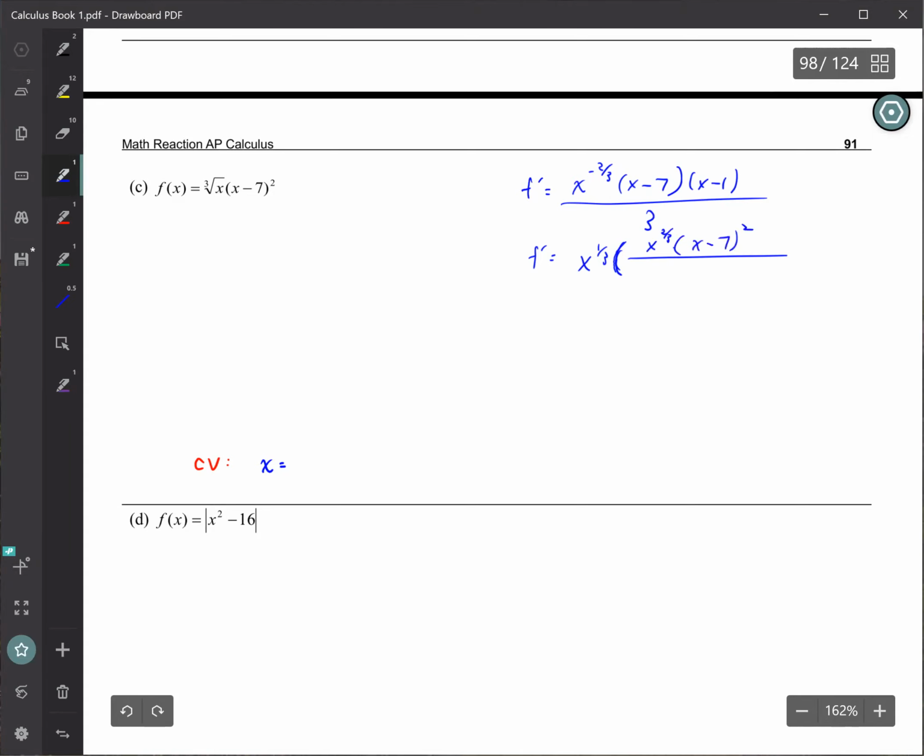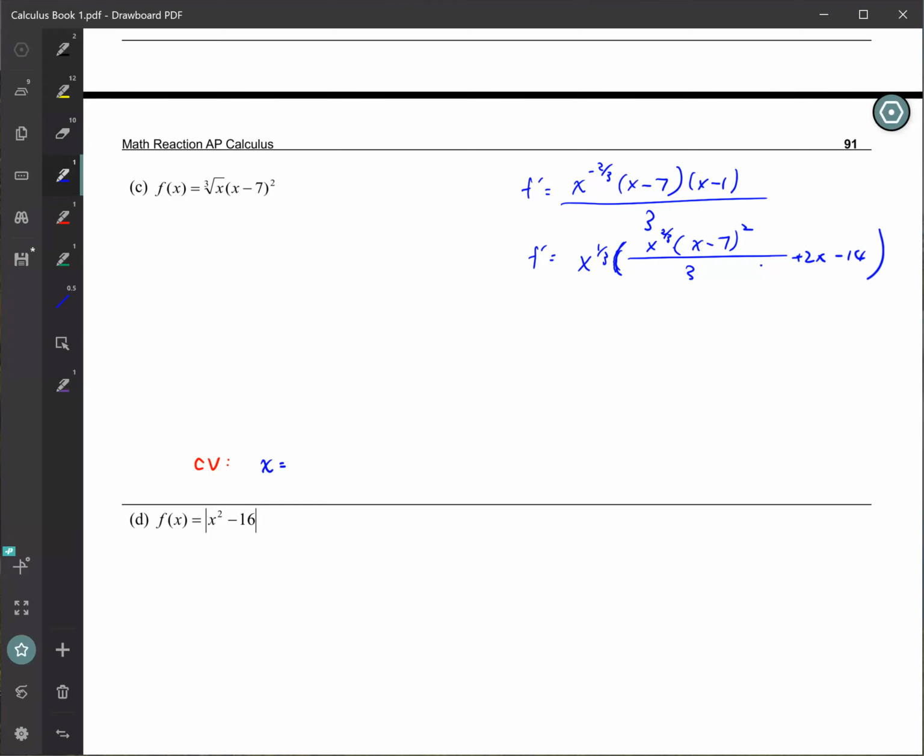And then in the denominator is just 3. And then plus 2x minus 14. It's still in the bracket, not in the denominator. Okay, I see. That's quite long, eh? Plus 2x minus 14. Yeah? Okay.